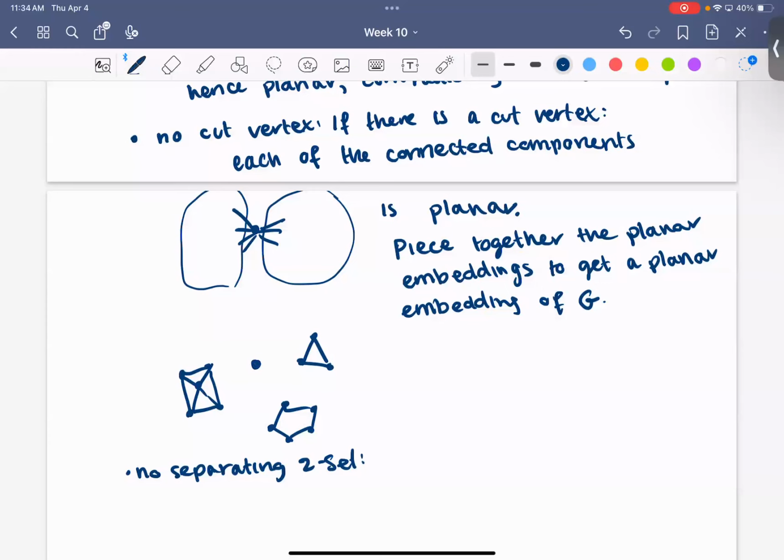And then let's say I had this cut vertex in the middle that's connected to all of the other vertices. No, I'm skeptical now because I feel like I can't connect this.